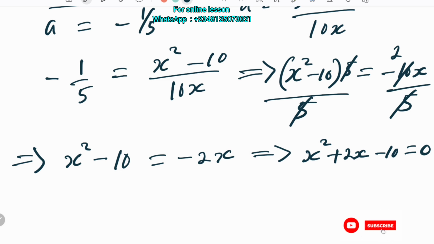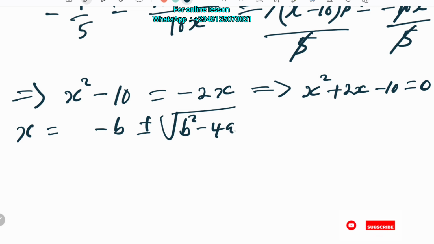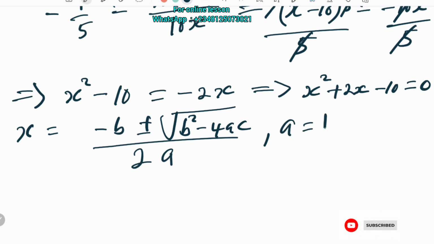Here, we still want to solve quadratically because we cannot factorize. We still have to make use of the quadratic formula. So we have x equal to minus b plus or minus the root of b squared minus 4ac all over 2a. Here, your a equal to 1, b equal to 2, that is positive, then c equal to negative 10.